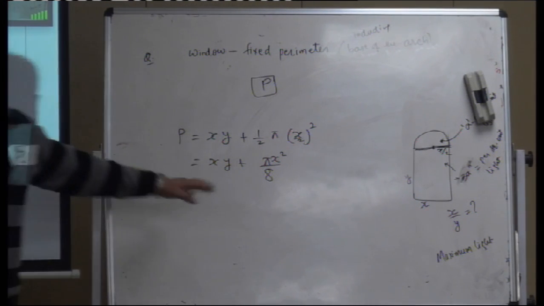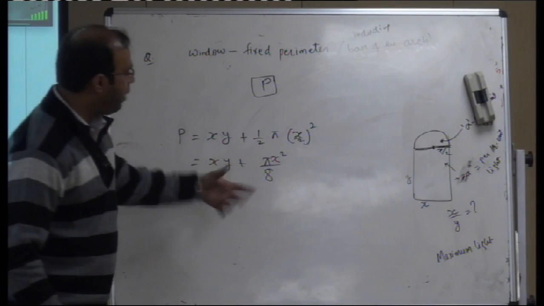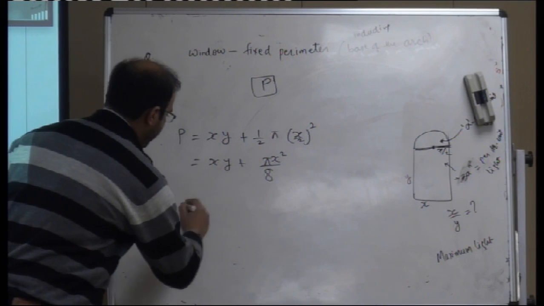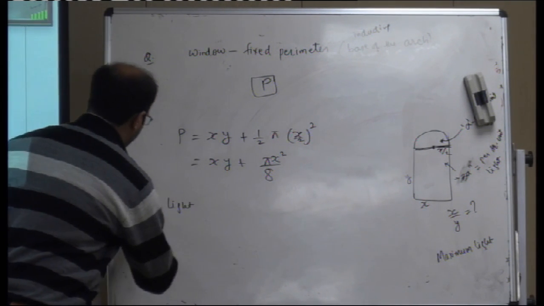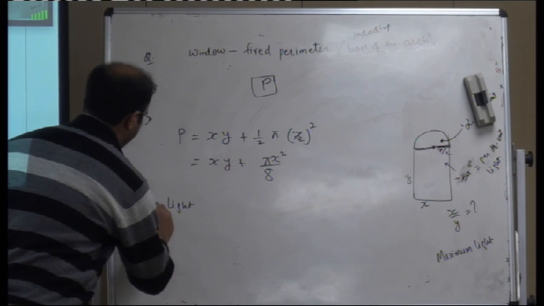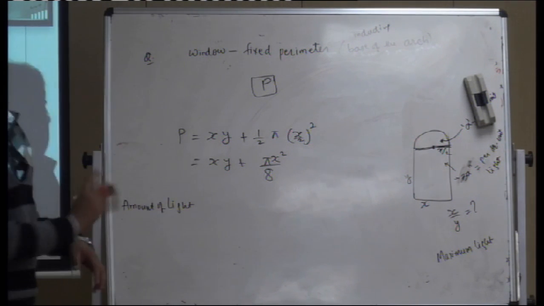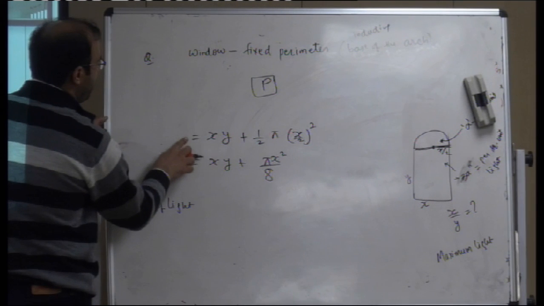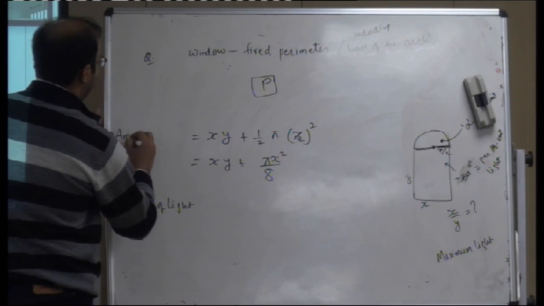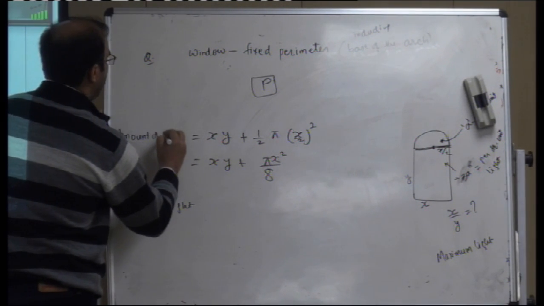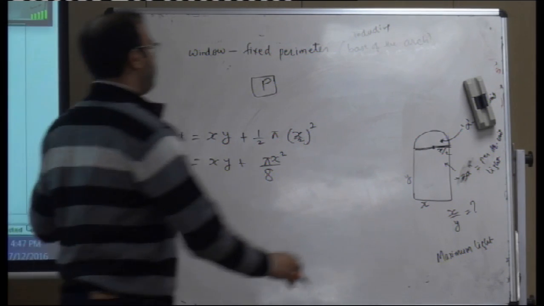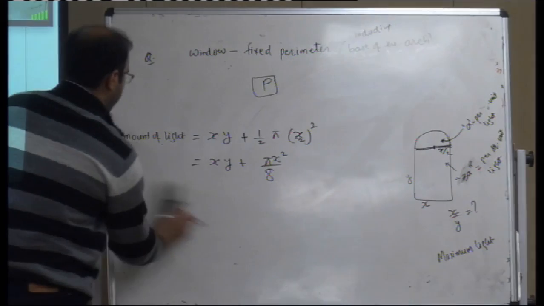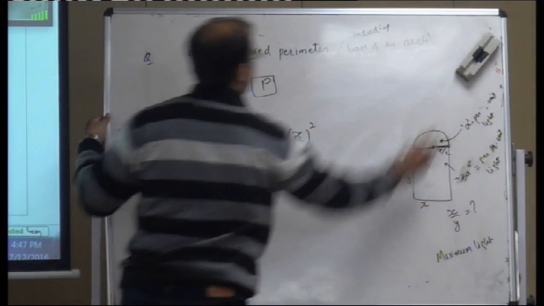This is the given case, and what we have to find is the maximum light. So the amount of light would become, actually we have interchanged a few things. This is actually the amount of light, because the area gives the amount of light. On the left I had written the perimeter part, and on the right the amount of light, so I got confused.